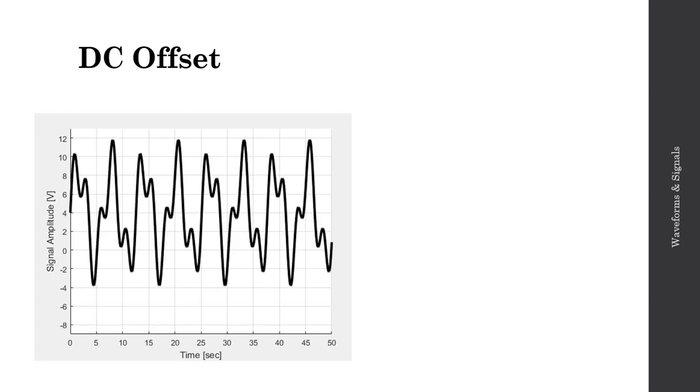Signals most often have some static content, so some content with zero frequency, and that's typically referred to as a DC offset. So if we were to take the average of all the points in our signal here and compare that to the zero voltage line, this would be the DC offset of my signal.